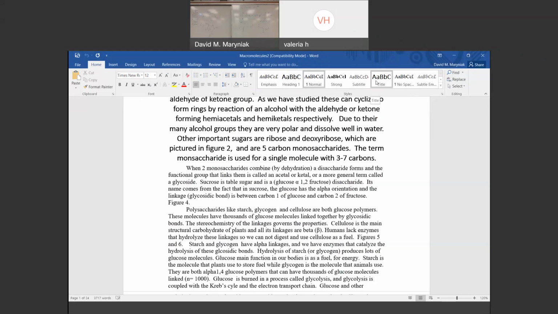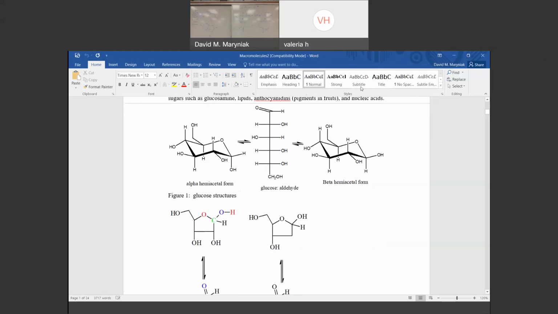And what's really important for what's coming up is to recognize that if the OH goes down relative to the H, that's called alpha. And if the OH goes up, that is called beta.